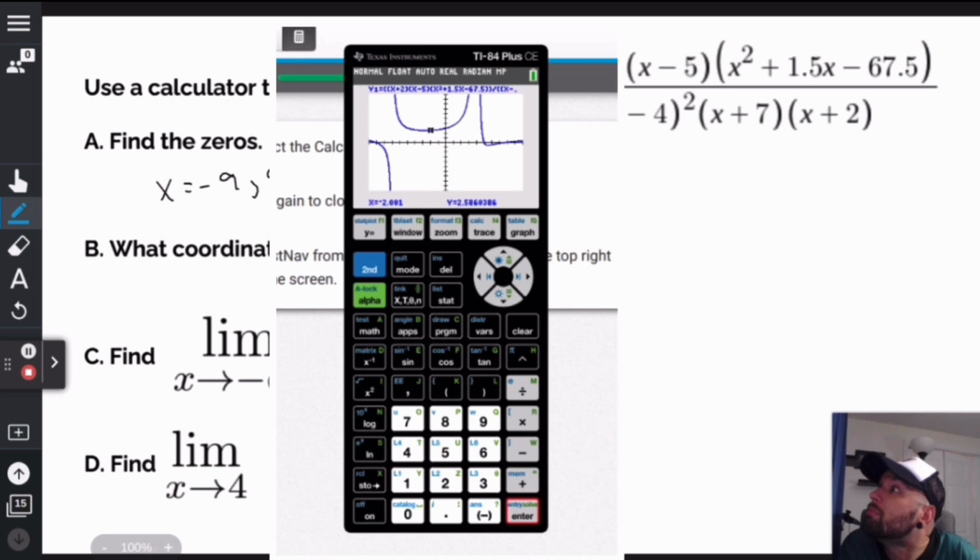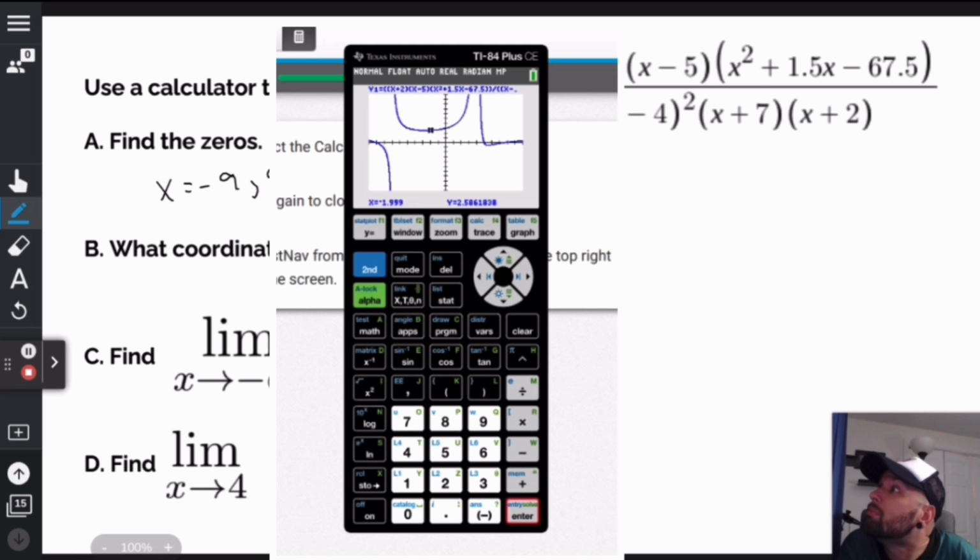So let's write that out. 2.5869. Now, some of you purists might be like, well, since we tried it one space to the left, why don't we try it one space to the right? Good idea. Let's plug in -1.999. So value, -1.999. Hit enter, and I get 2.5861.